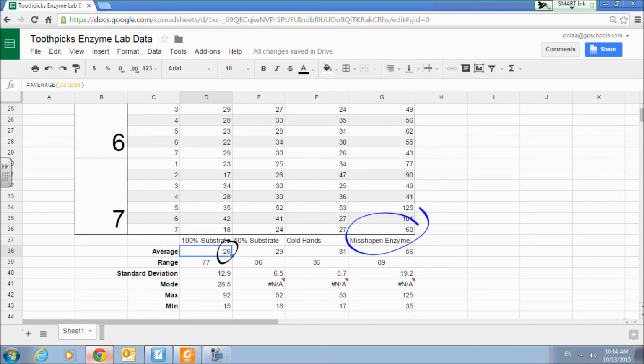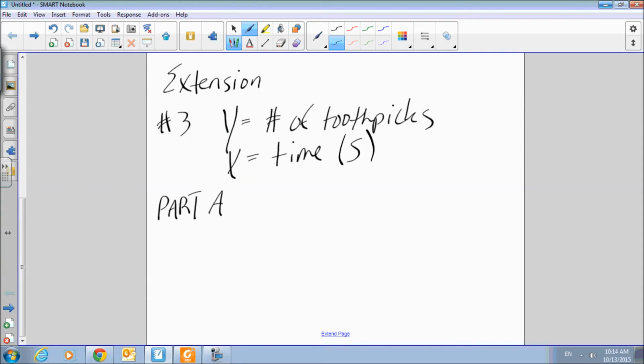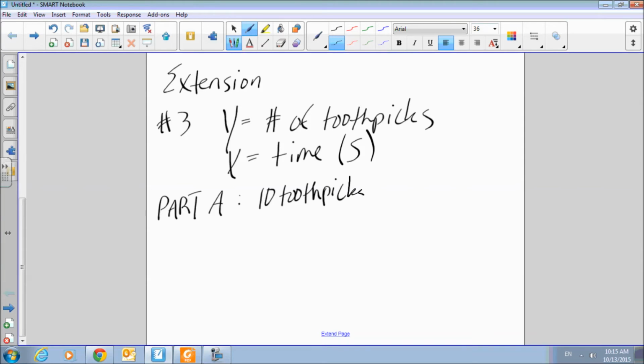Excuse me, 10 toothpicks were broken in 26 seconds. So 10 toothpicks broken in 26 seconds.